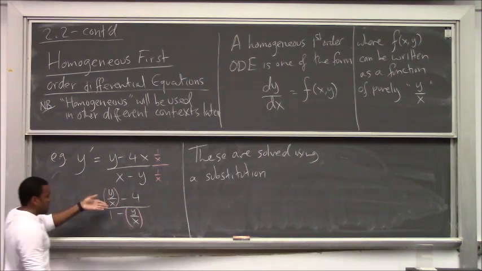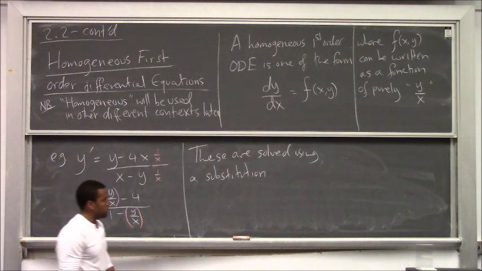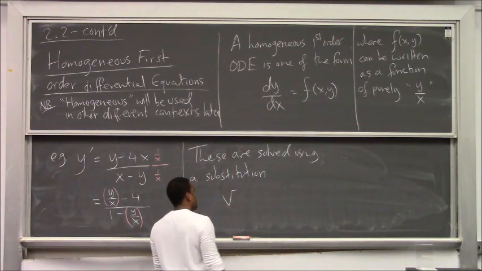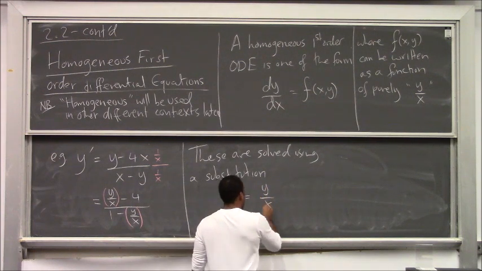So, this is our new variable, so it feels like a substitution of letting some other letter be that variable, the ratio, would work out nicely. And so that's what we're going to use. Typically, the letter used is v. So we set v equals y over x.